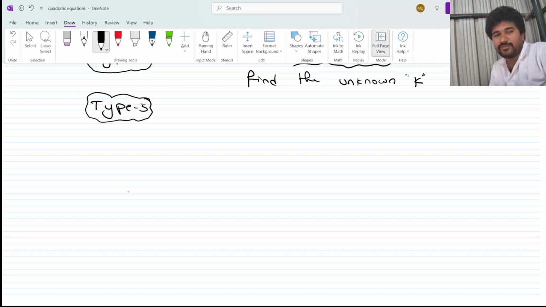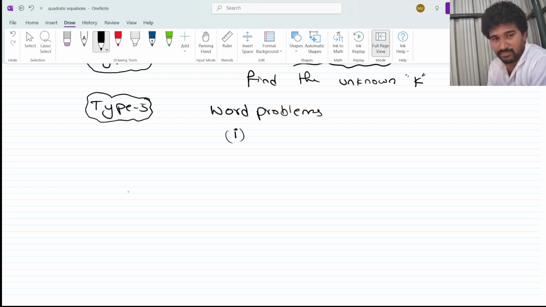Type 5: word problems. In these word problems, number problems. In number problems, again, simple number problems.